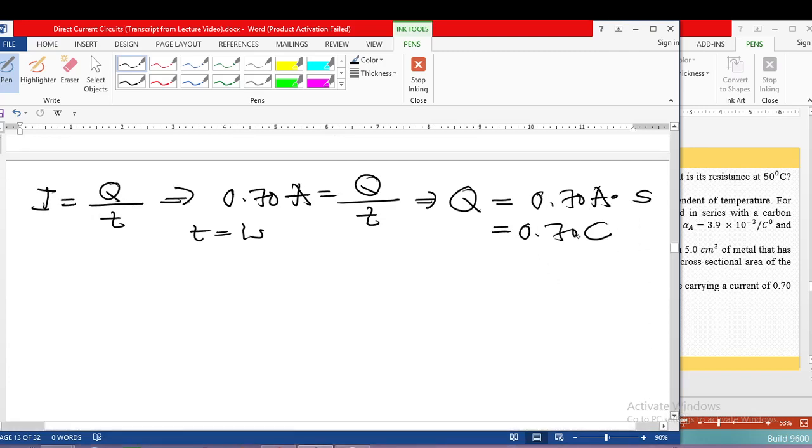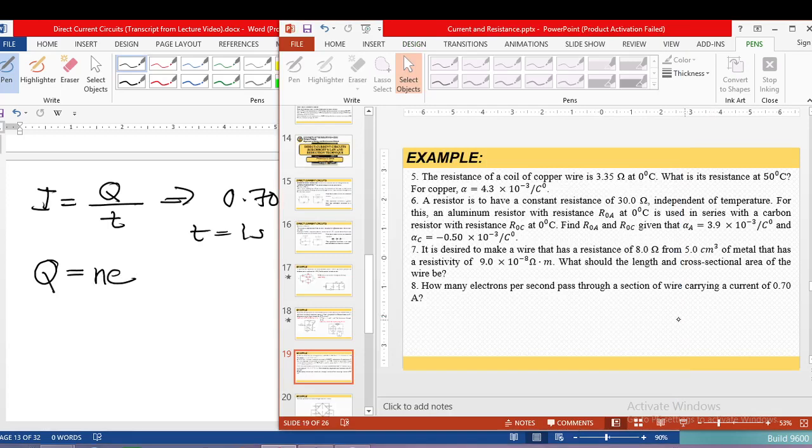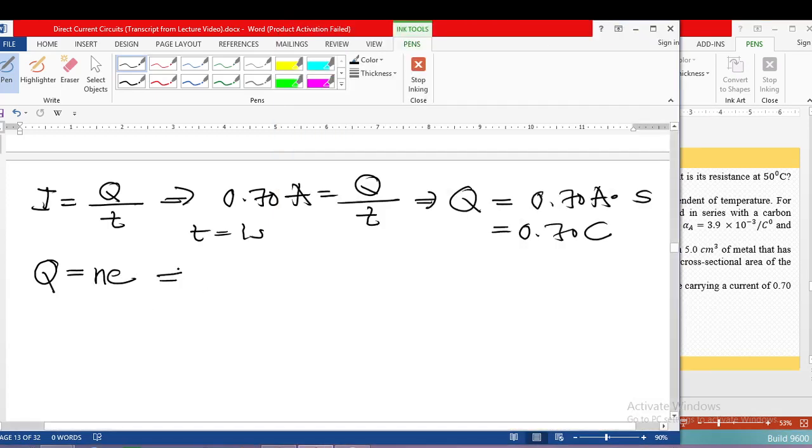So that is the magnitude of the charge, but how many electrons is that? So let's go back to our first module: the magnitude of the charge is equal to N times E, right? So where E is the magnitude of the electron charge, and N is actually the number of electrons.